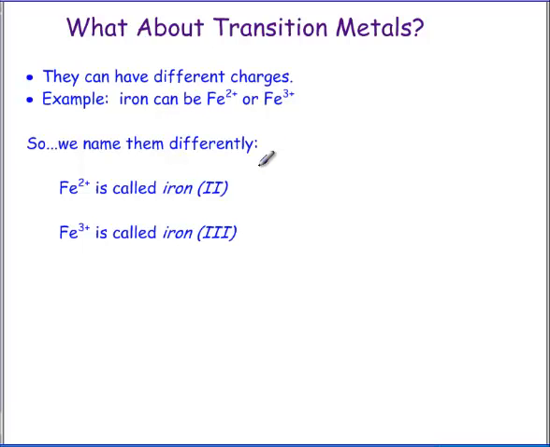So we have to name them differently. In their names, we have to put the charge in parentheses as a Roman numeral. So if something contains the iron +2 ion, we call it iron Roman numeral 2. Iron with the +3 charge, we name it iron Roman numeral 3. And you can see the pattern there.